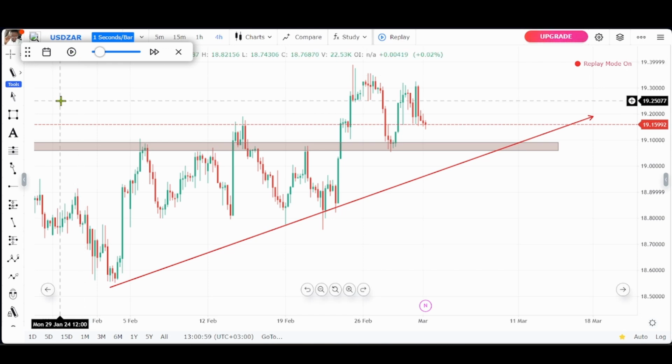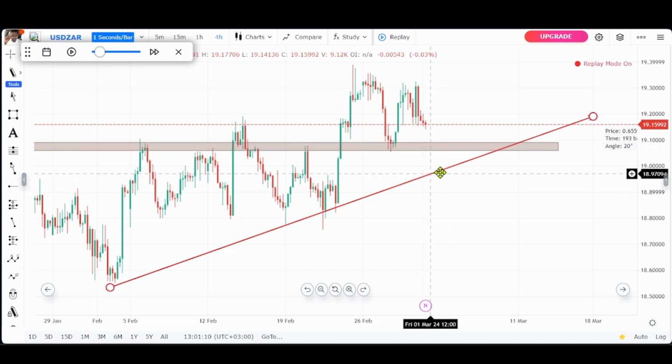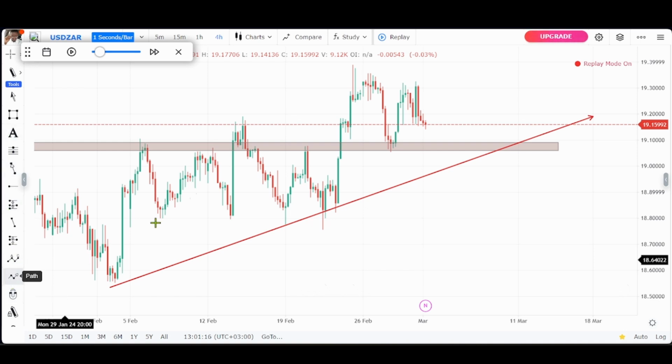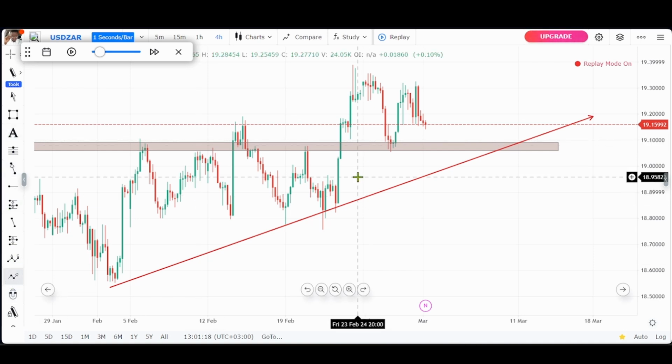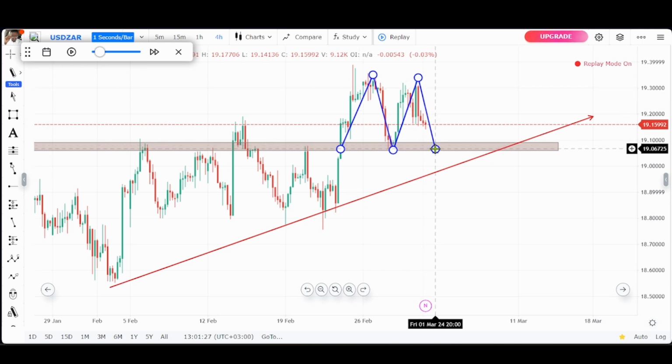Now what we want to see is the market breaks the neckline. This is the neckline, and the market closes below this neckline, then retests the neckline, and that will be our entry point. Now we can see that we have two tops.